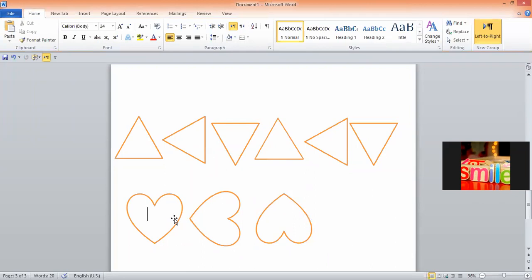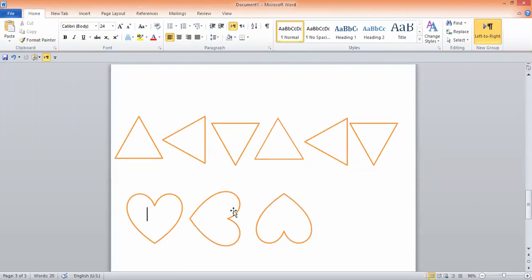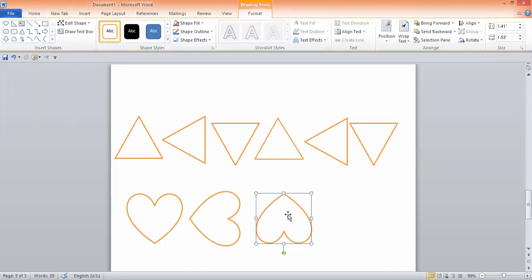Yes, guys. So you can see here I moved clockwise. This part comes to the right side, and when I move one more time clockwise, this part goes down, and when I move it one more time clockwise, this part will come up here. Look, when I move it clockwise, it will come like this.